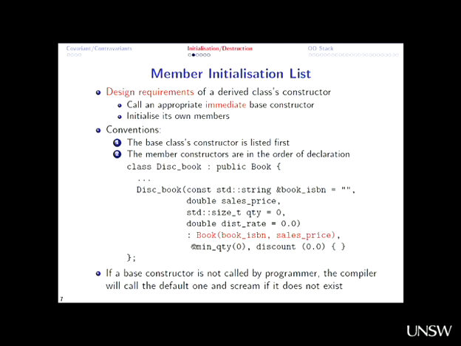If there's not a default constructor defined, the compiler will scream, and the code won't compile. So when you're inheriting, you need to know the structure of the constructors of the things that you're inheriting from in order to construct your object correctly. And the same applies in the destruction process because it goes in reverse.